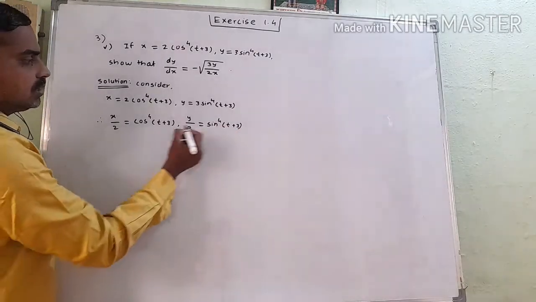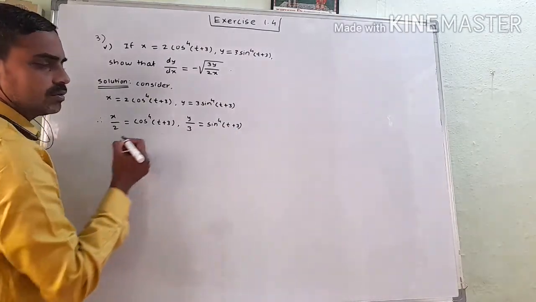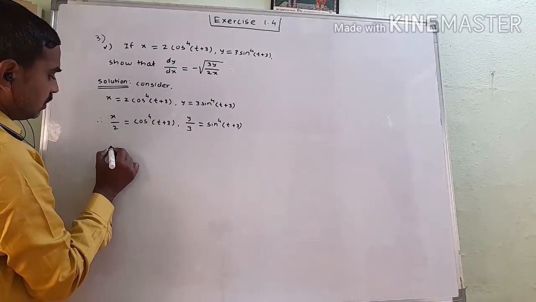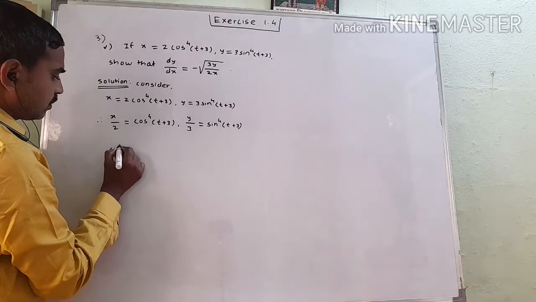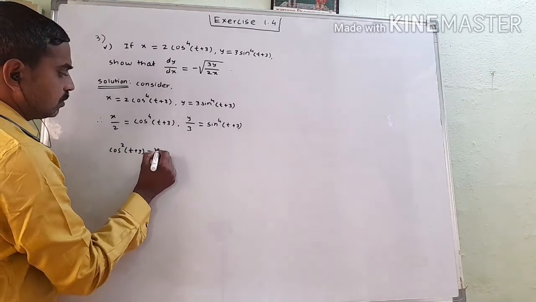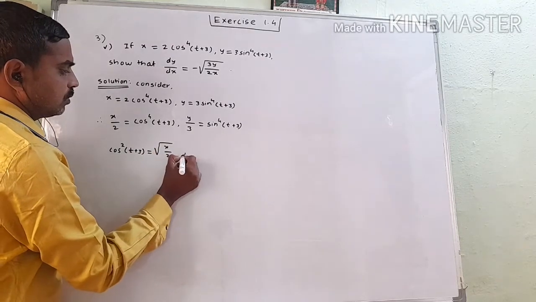Now there is a relation between squares of sine and cosine. Therefore we will take square root of this equation. Then we get cos square of (t plus 3) equal to square root of x by 2.